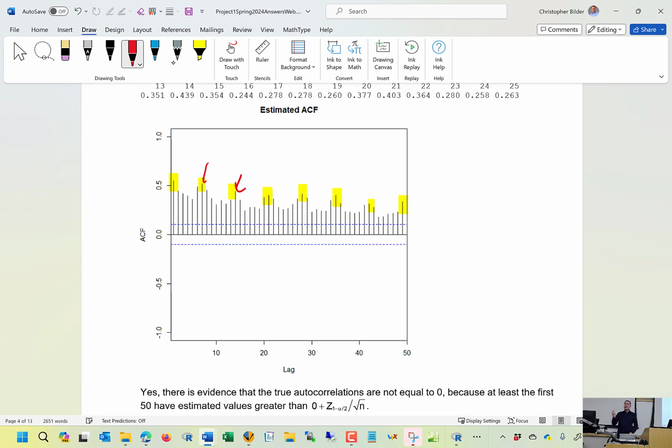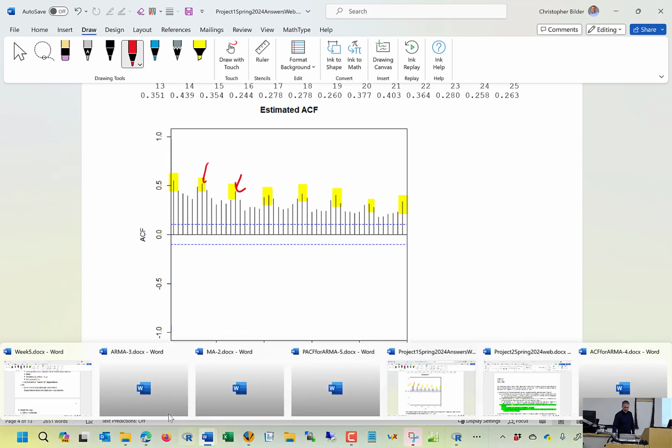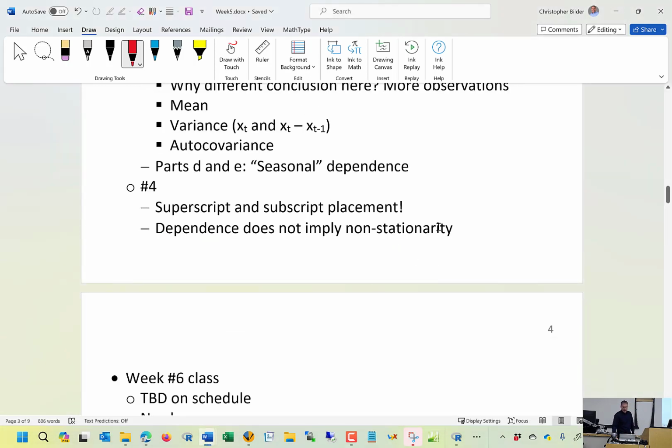This lag 14 is Tuesday today, Tuesday from 2 weeks ago, essentially. Or it could also mean Thursday of this week versus Thursday the previous week. And that makes sense to have some kind of dependence like that over time, especially when you put it into context of, okay, these labs that are doing the COVID testing are probably not open on the weekends.